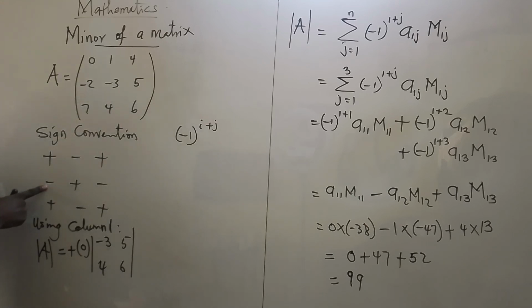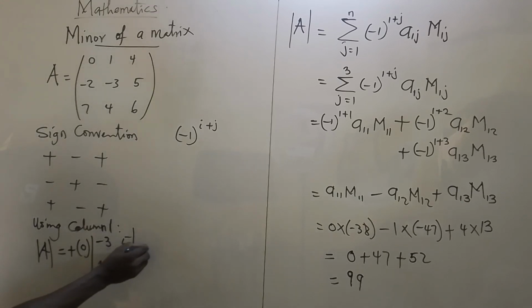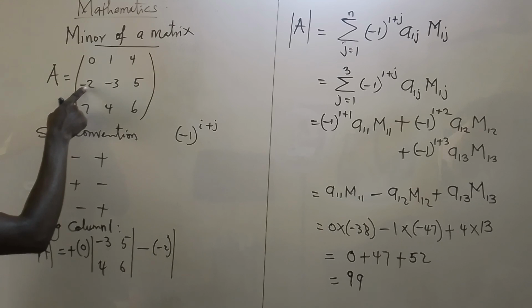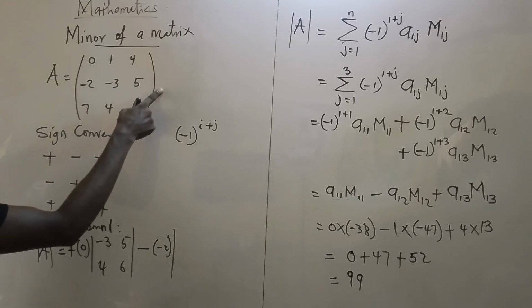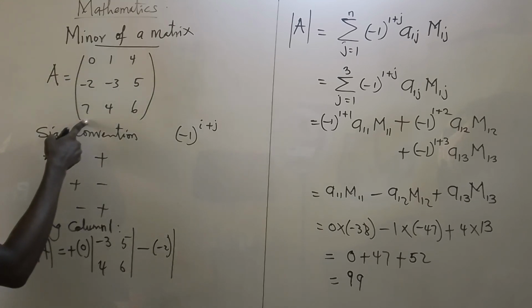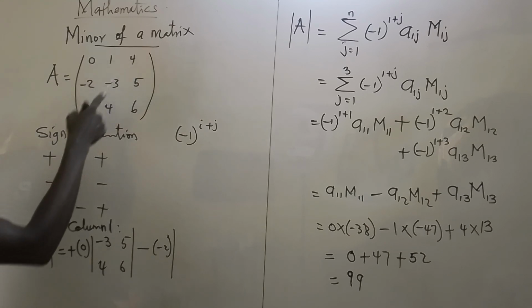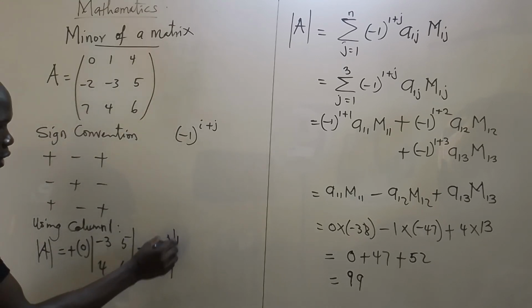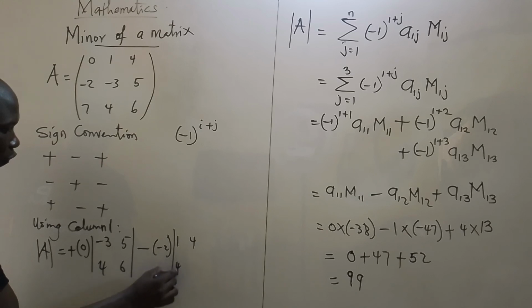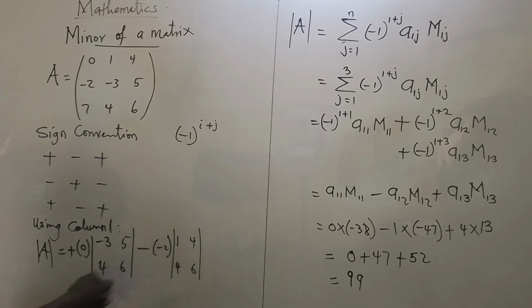The sign corresponding to minus 2 is minus, and so we say minus the minus 2 itself multiplied by its minor. The minor of minus 2 means delete the row and column it belongs to, so we are left with 1, 4, 4, 6. So that's the second element.